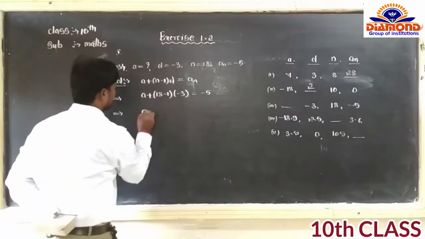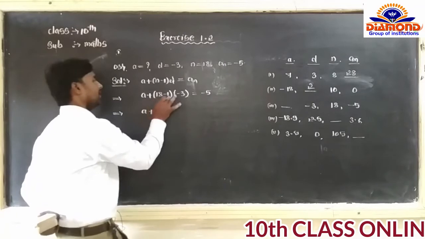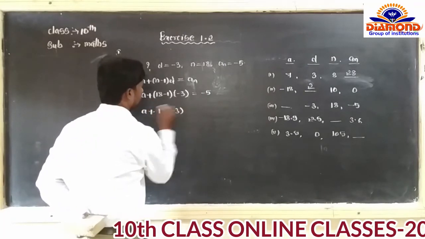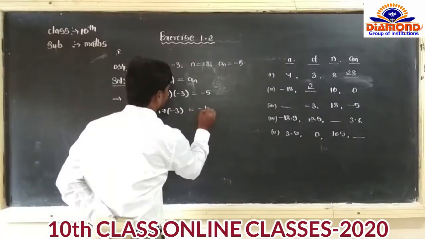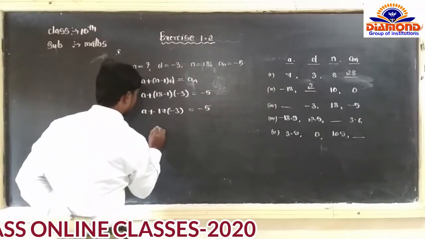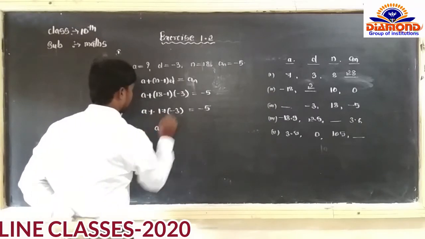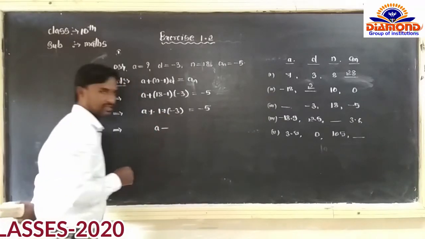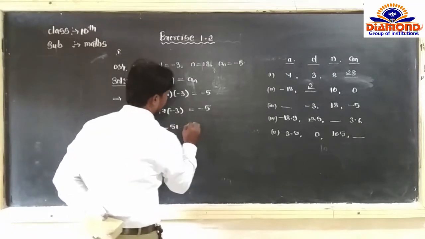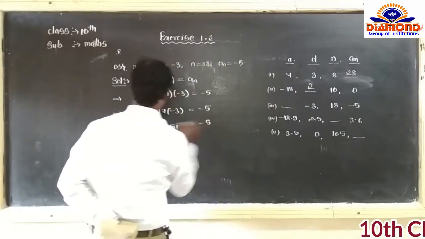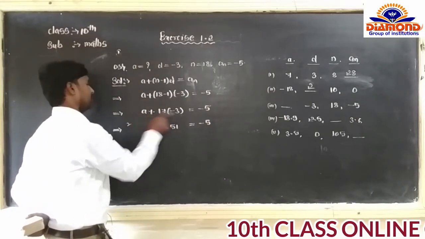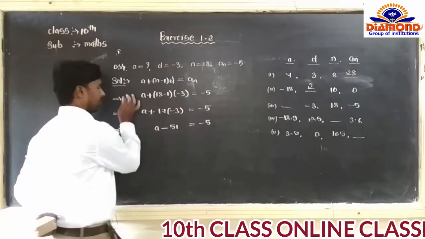Next step, a plus 18 minus 1 is equal to 17 into minus 3 is equal to minus 5. So next step here, a plus, 17 into minus 3: 7 threes are 21, carry 2, 3 ones are 3, 4 5, 51 is equal to minus 5.